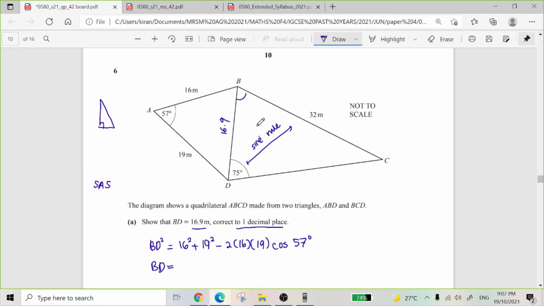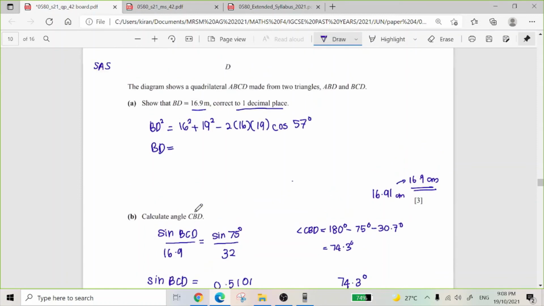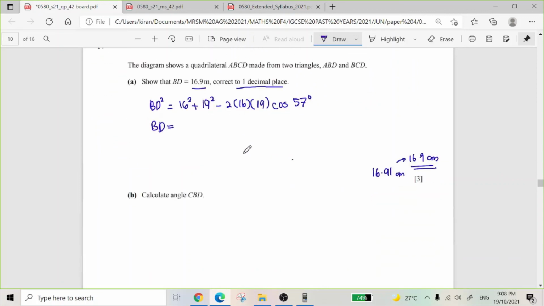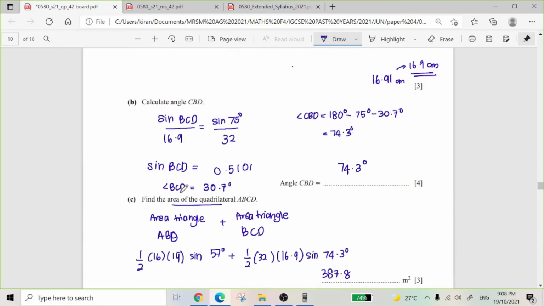Jadi untuk dapatkan angle CBD, kita perlu cari dulu what is the angle of BCD. Okay, kita gunakan sine rule lah kat sini pasangan dia. Okay, so we use sine rule. Sin BCD, kita share angle kat sini, over 16.9 equal to sin 75 over 32. So we get the value for sin BCD which is 0.5101.